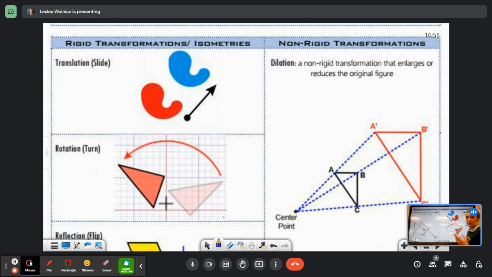If you remember from Algebra 1, we had another name for this. It is a shift. We would do a horizontal shift from side to side or a vertical shift up and down, with our parabolas, with our exponential functions. So this is a shift.